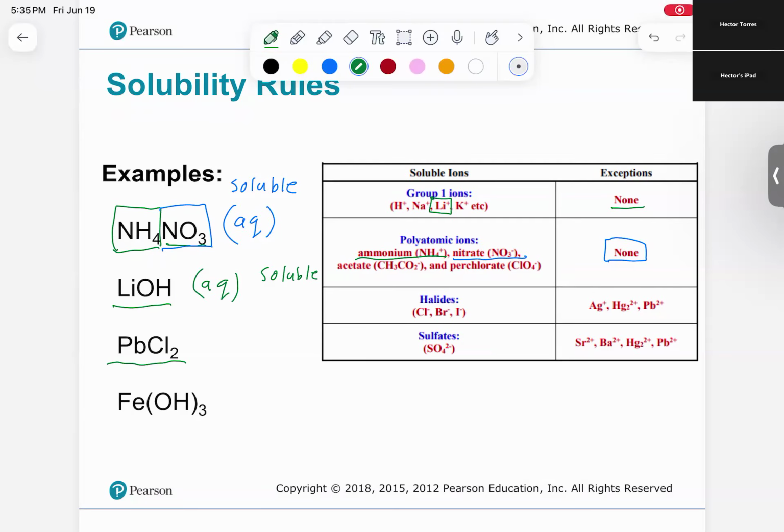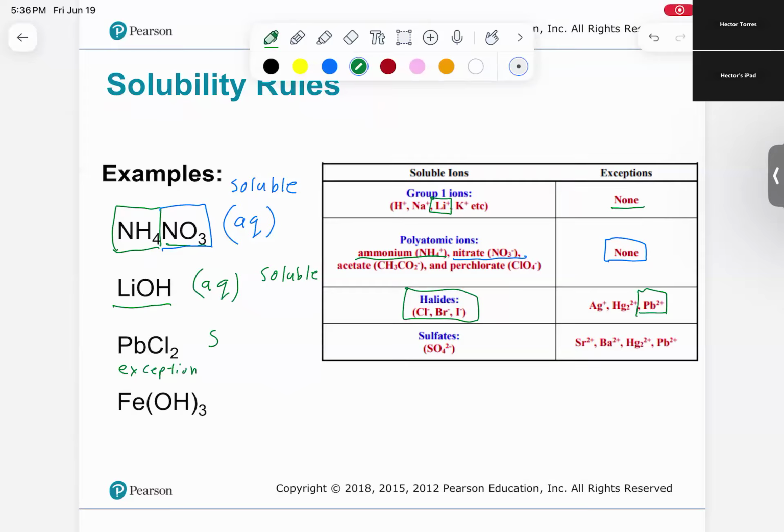Next one, PbCl2. For Cl, we look at the halides. Cl is there, and we look at the exceptions. So we have the exception here, and since this is one of the exceptions, we'll put exception. It means that halide is typically soluble except when it's with one of those three.